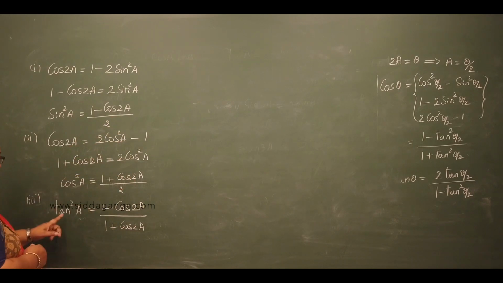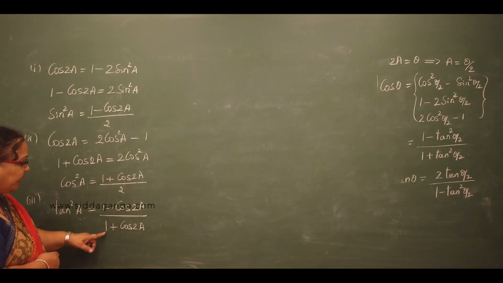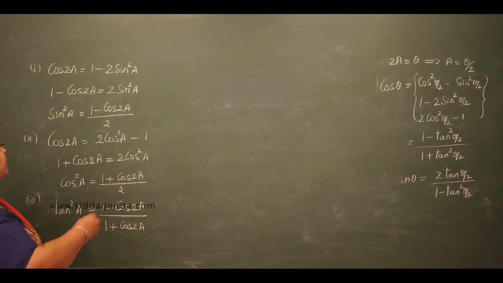So therefore tan square A is equal to 1 minus cos 2A divided by 1 plus cos 2A.